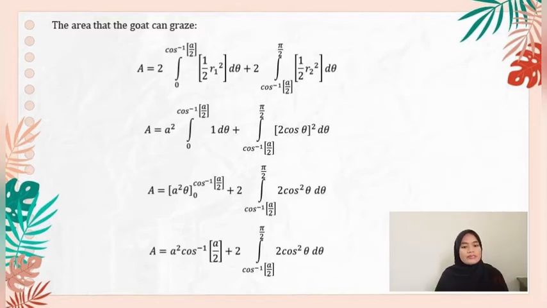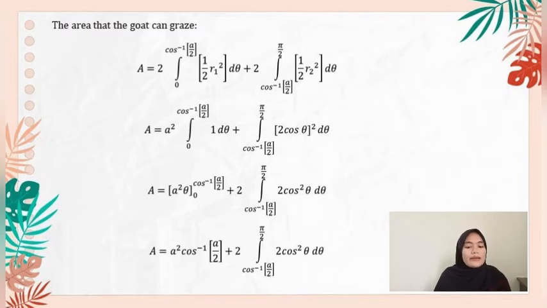Then we substitute a into r1 and 2 cos theta into r2 square. Then we take out the a square from the integration. We get a square integration of 1 d theta from 0 until cos inverse a over 2, plus integration of 2 cos theta square d theta from cos inverse a over 2 until pi over 2.